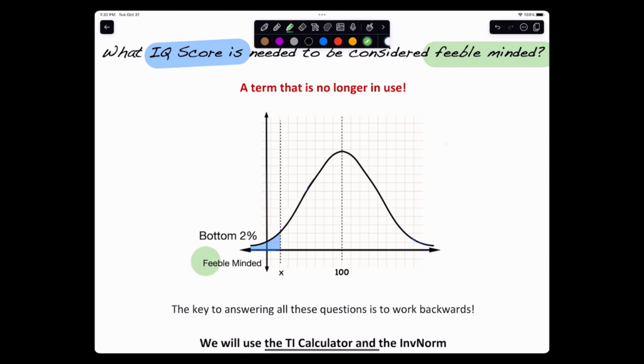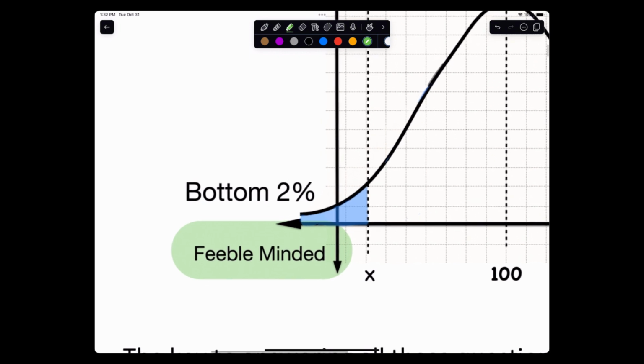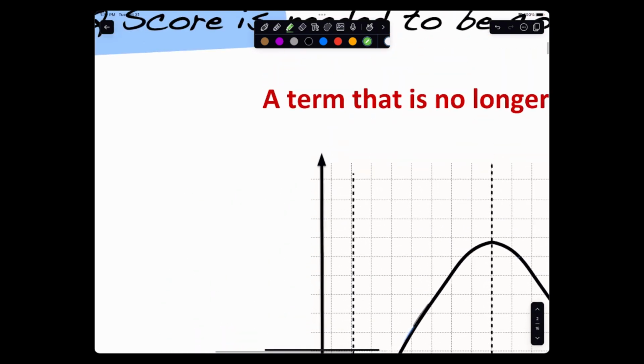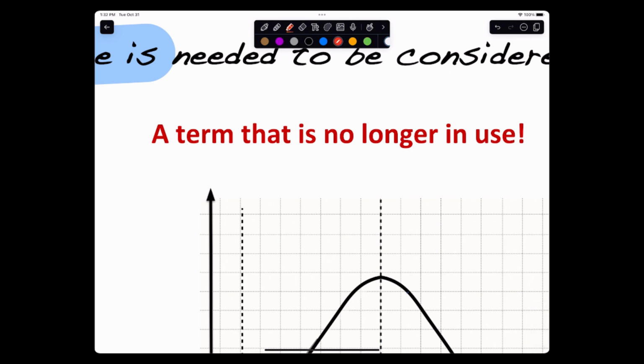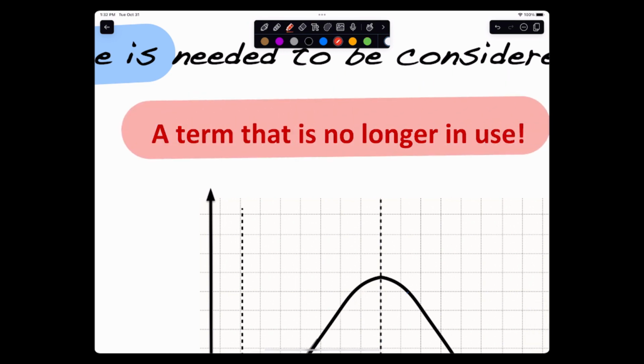Now, what does it mean to be feeble-minded? You are not in the top percentage. You're in the bottom. These are IQ scores, and that was a real term. That term is no longer in use, by the way, feeble-minded.